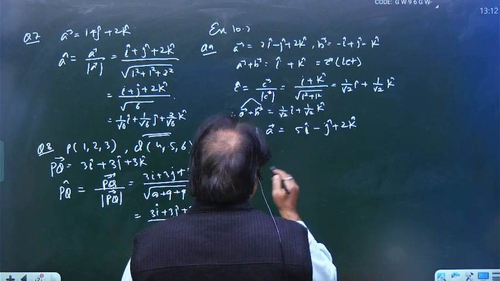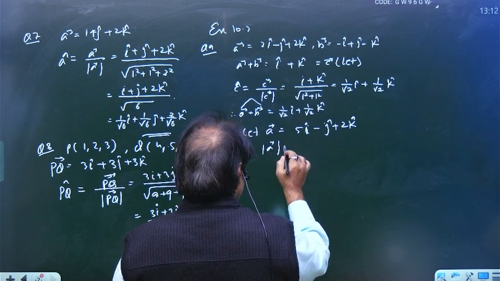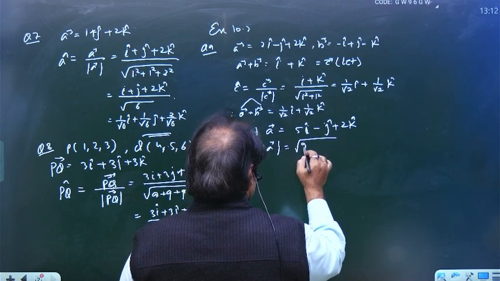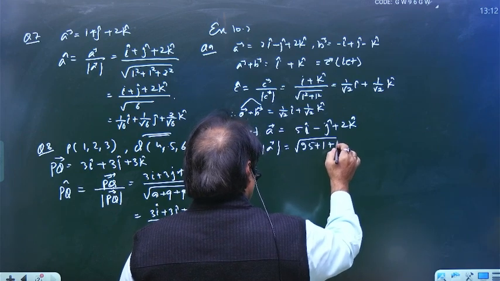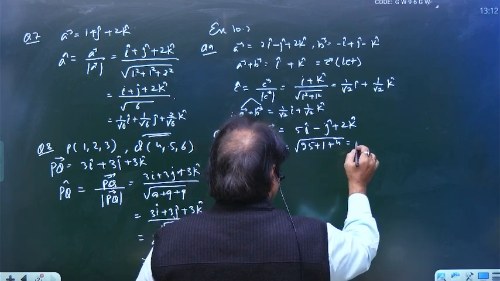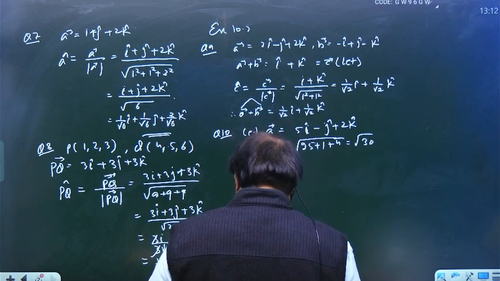First of all we will find the magnitude of this vector. So this is 5 square 25, minus 1 square 1, and 2 square 4. So it will be equal to root over of 30.